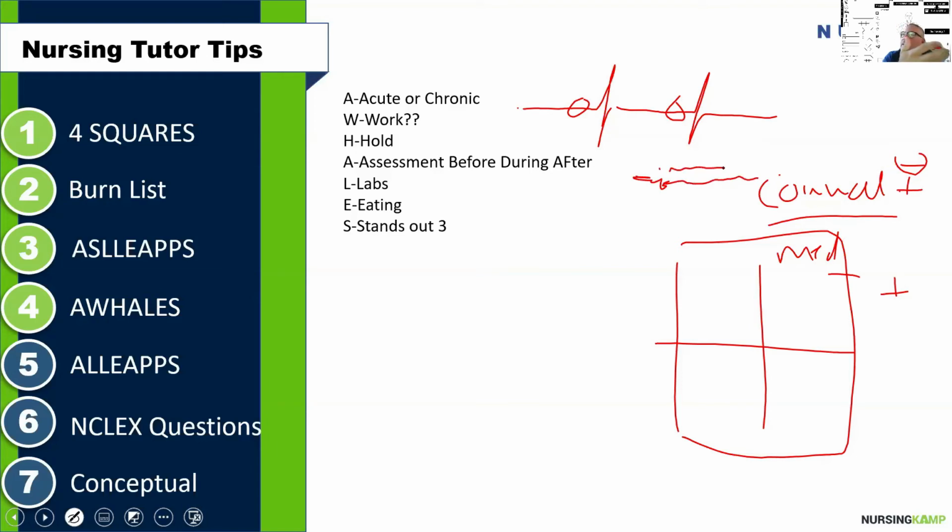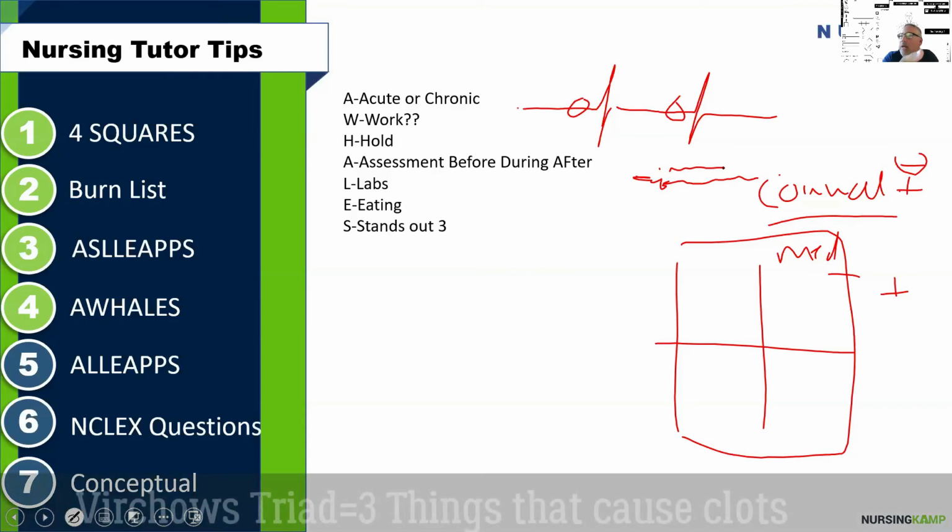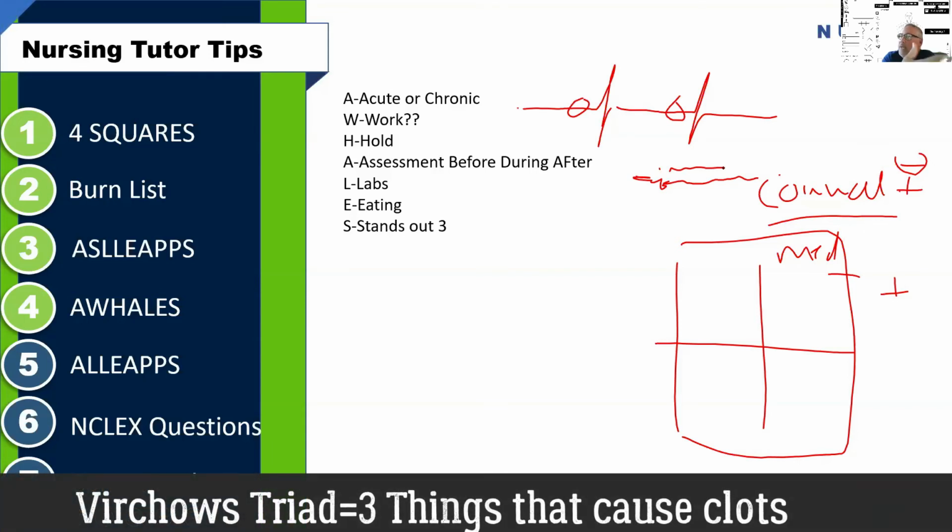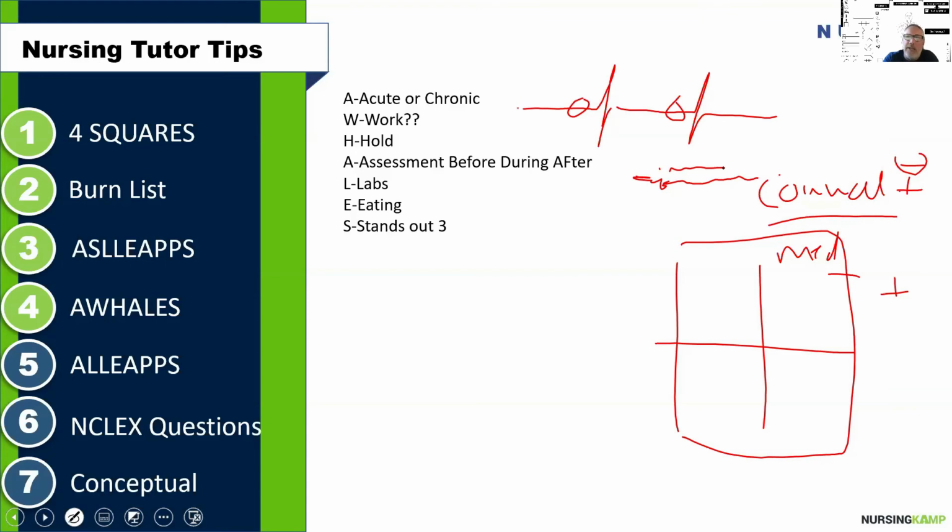Which means that patient can throw a clot. And that goes back to Virchow's triad, which is the three things that cause a clot. So that's how it basically works. Now, there are some more factors as rabbit hole stuff, like the extrinsic factors, what factor it is, how it affects the clotting cascade. That's nice to know. The basic idea is it stops clots from forming for patients who have risk factors for clots. So we monitor for bleeding.